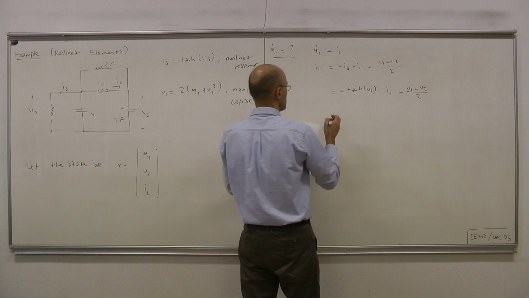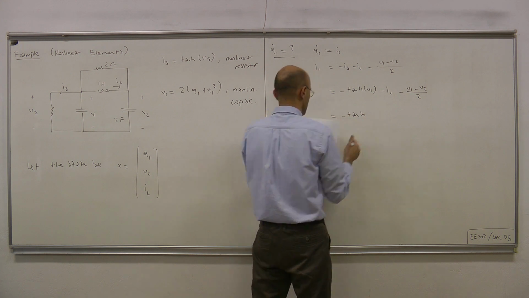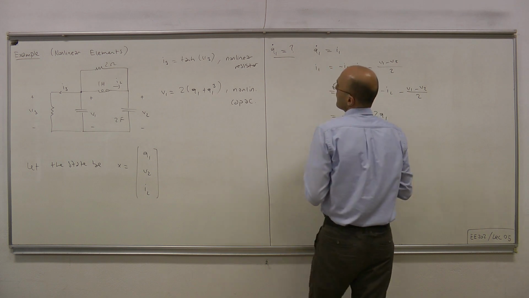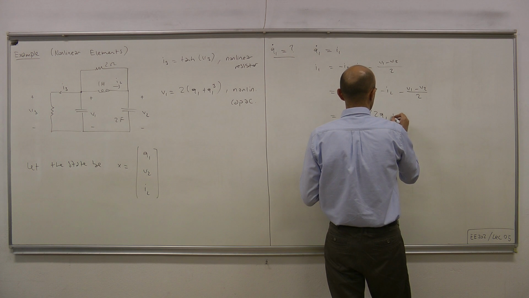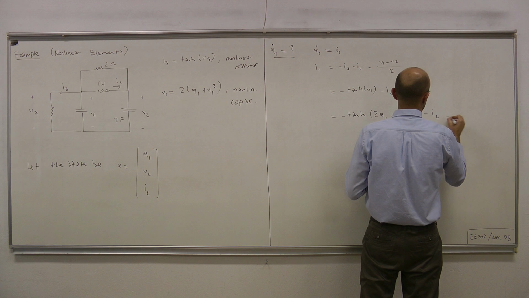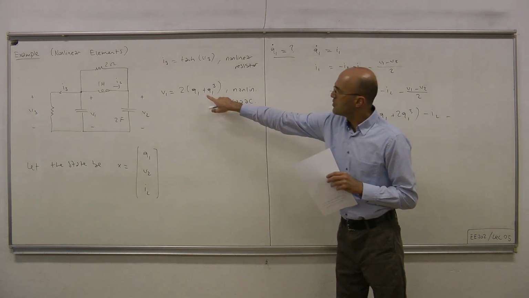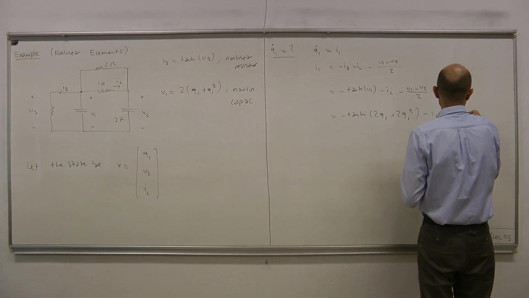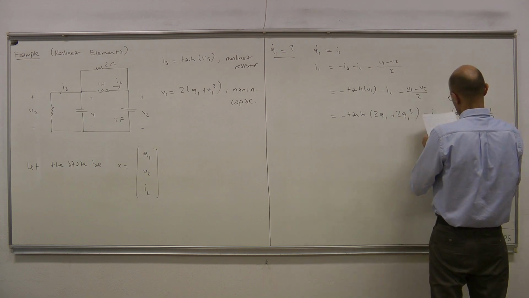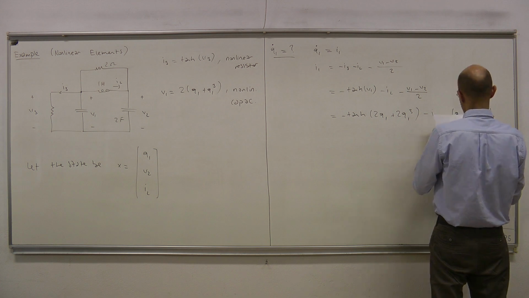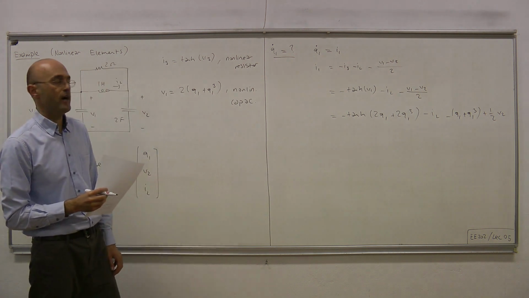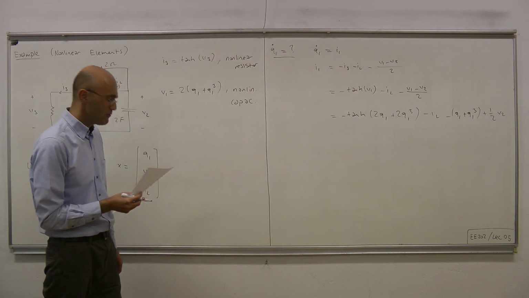V1 is 2Q1 plus 2Q1 cube. So we get minus tanh(2Q1 plus 2Q1 cube) minus IL minus V1 over 2, which is Q1 plus Q1 cube, and finally plus 1/2 V2. Now everything is in terms of formulation variables.